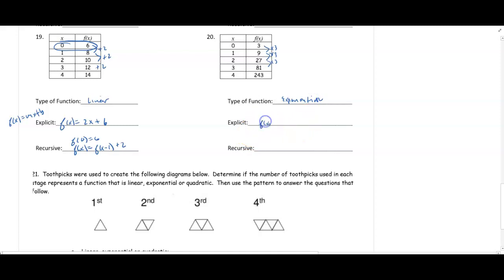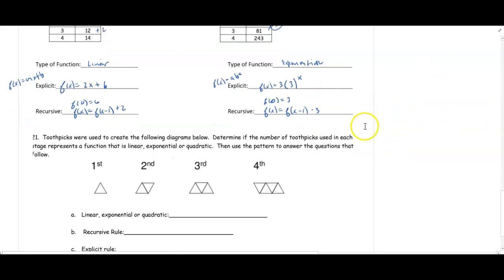Now my explicit, remember, for an exponential, it's a times b to the x, where a is your initial amount, which is 3, times my common ratio of 3, so it's 3 to the x power. And the recursive: f of 0 equals 3, f of x equals f of x minus 1, all times 3. Okay?